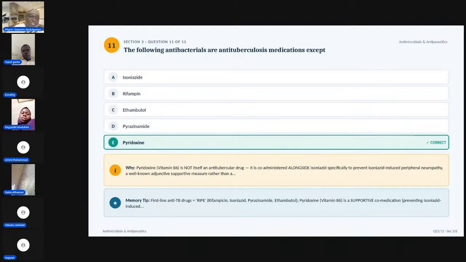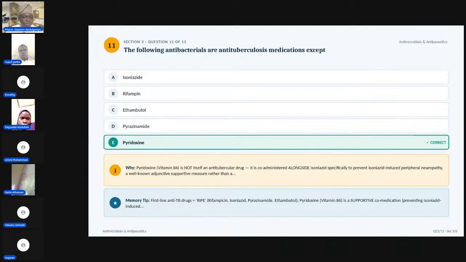So if I were the one setting this question for you, I would say all of the following drugs are taken by patients having tuberculosis. I would now put the first three and put this one as the third one, and the next one I will now put all of the above.